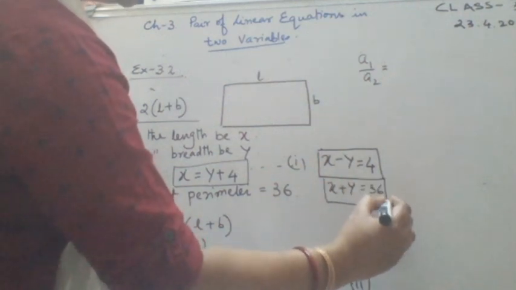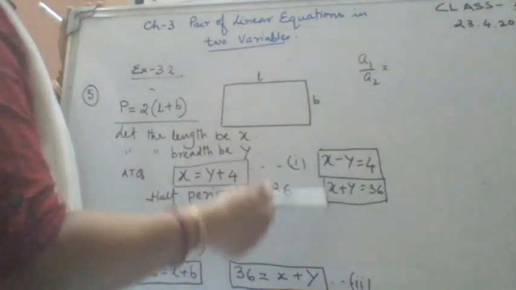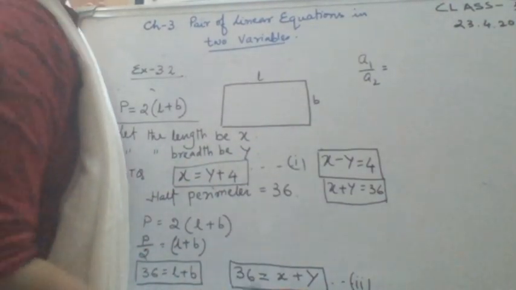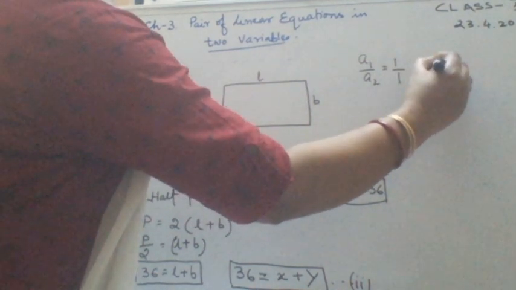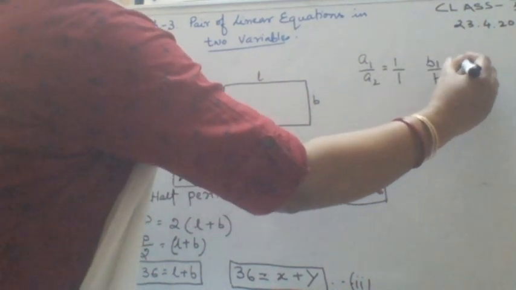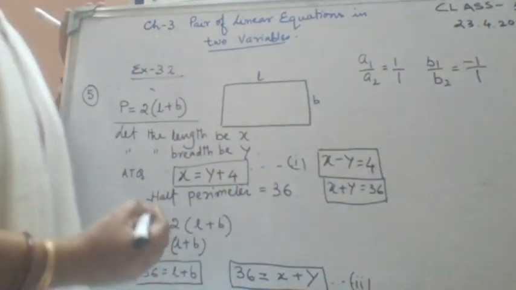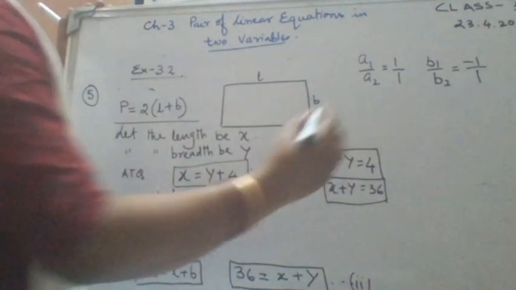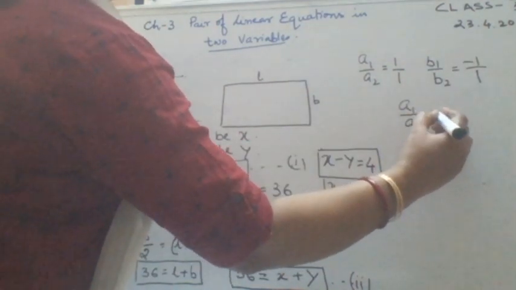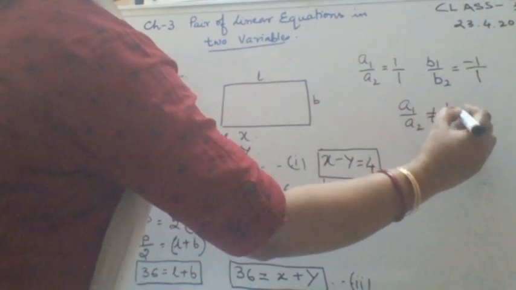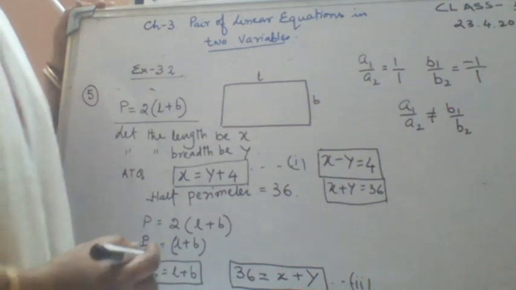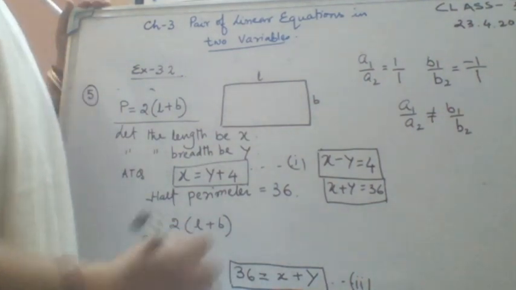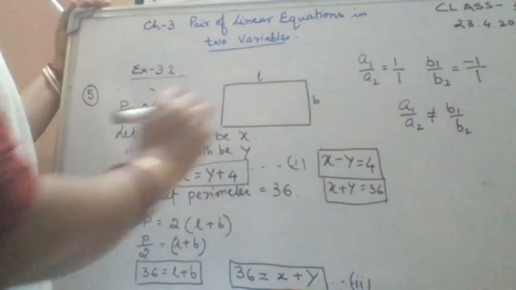So these are the two equations when written. Now you can compare the coefficients easily. A1 upon A2 is 1 upon 1 and B1 upon B2 is minus 1 upon 1. So you get A1 upon A2 is not equal to B1 upon B2. So you will get intersecting lines and a unique solution is possible for these given linear equations.